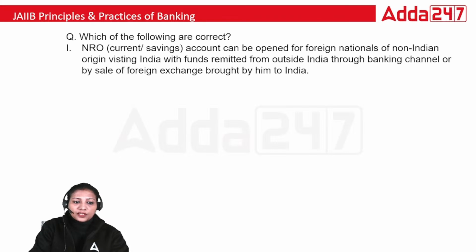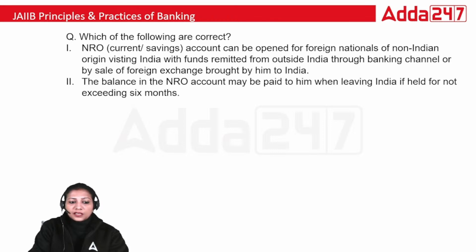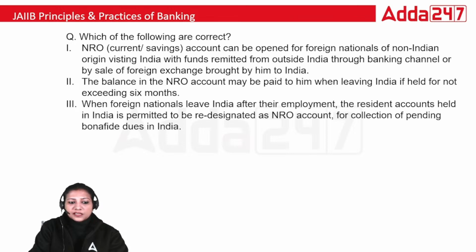Which of the following are correct? NRO current or savings account can be opened for foreign nationals of non-Indian origin visiting India with funds remitted from outside India through banking channel or by sale of foreign exchange brought by him to India. The balance in the NRO account may be paid to him when leaving India if held for not exceeding 6 months.